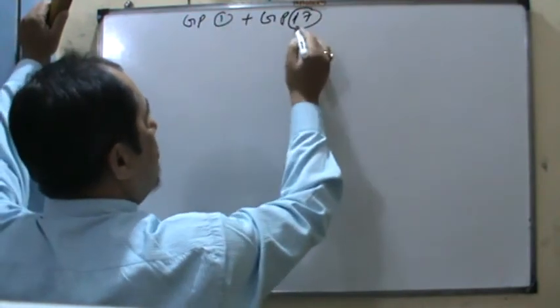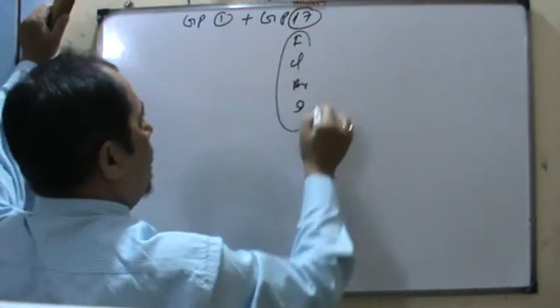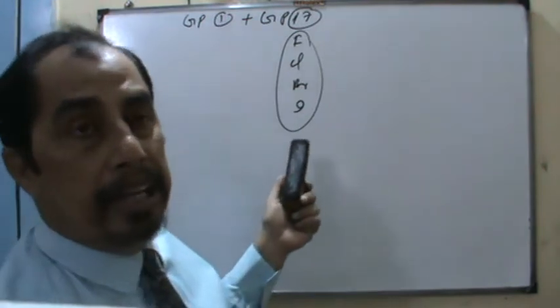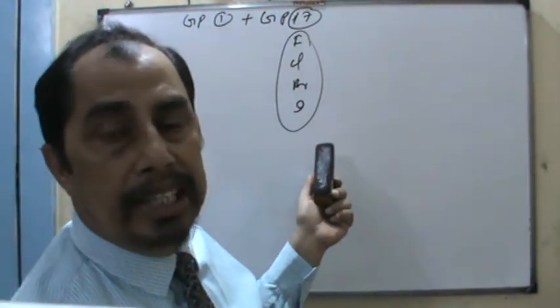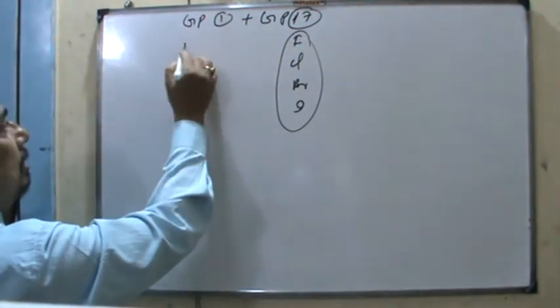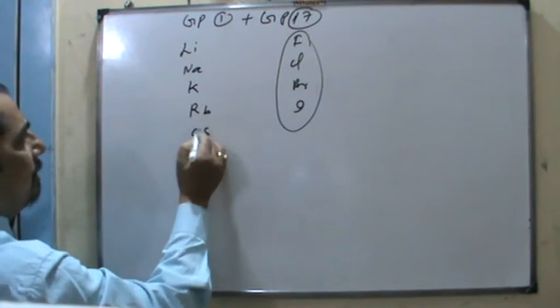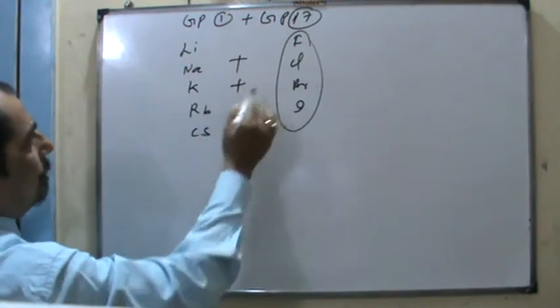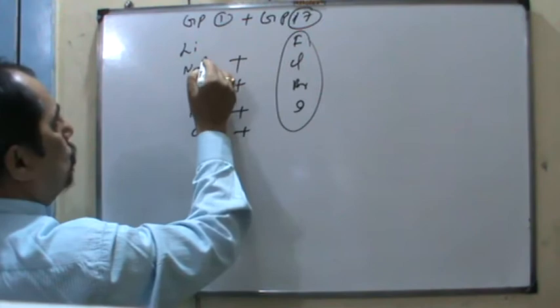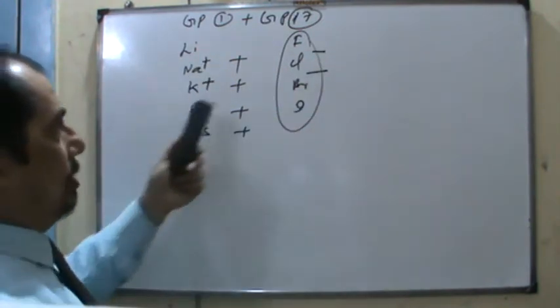The reason behind it: group 17 is fluorine, chlorine, bromine and iodine. They are extremely good non-metals because they have a smaller atomic size in their respective period. Lithium, sodium, potassium, rubidium, cesium have very good association with non-metals, because the metal will lose one electron and the non-metal will gain one electron.